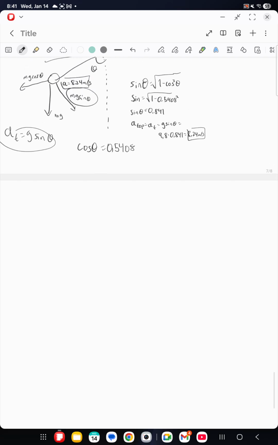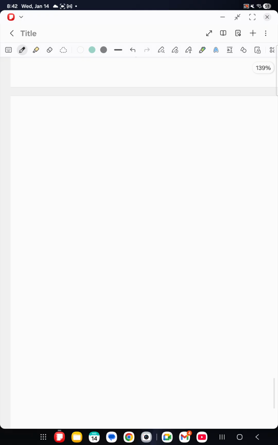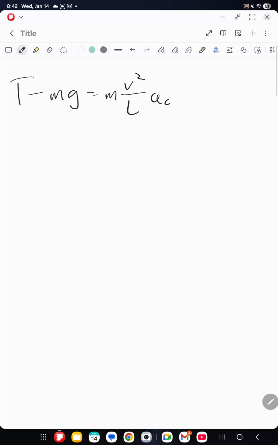But we are not done with this problem because we also want to know the tension at the highest point. Here again, we'll use the same equation as we did before: T minus mg will be equal to the centrifugal term, Newton's second law, ma, but the a is the acceleration right here.